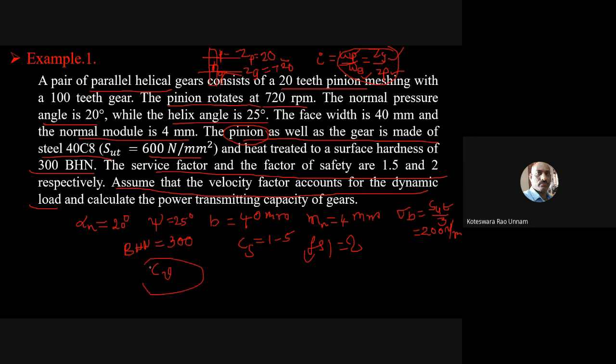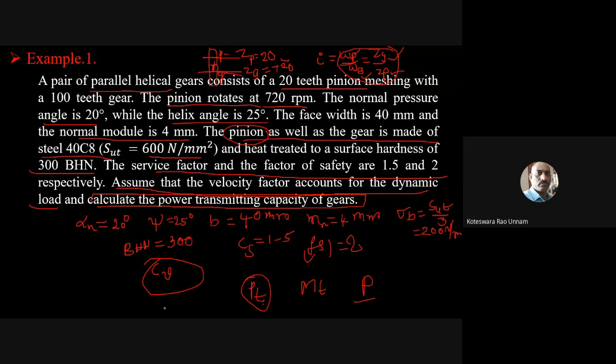Based on this CV, you calculate the effective load, and then the power transmitting capacity of this gear. First you need to calculate PT. Once you have PT, you can calculate MT, and from MT you can calculate the rated power P.